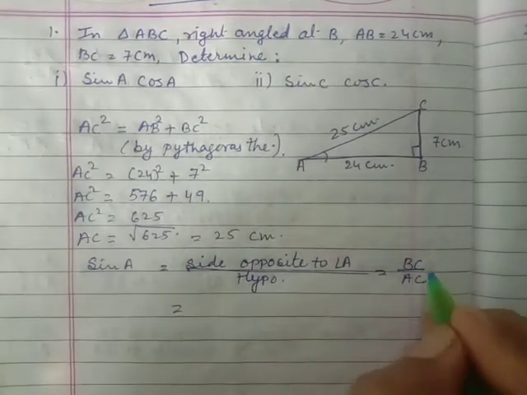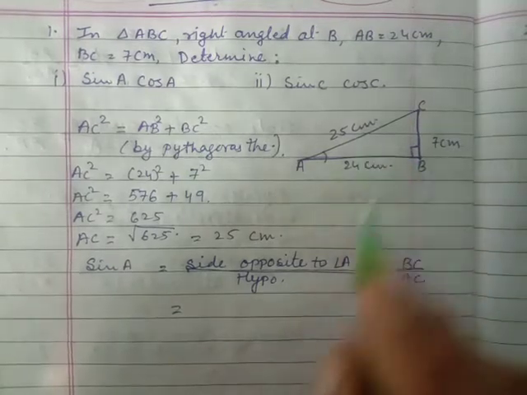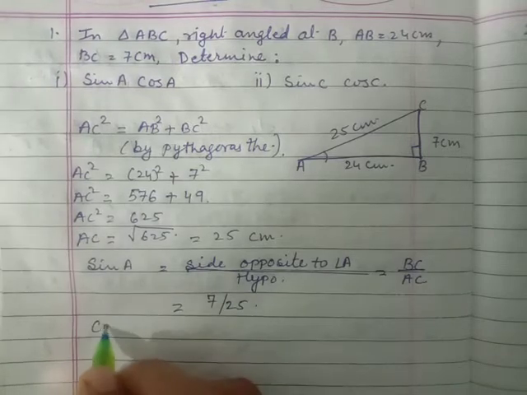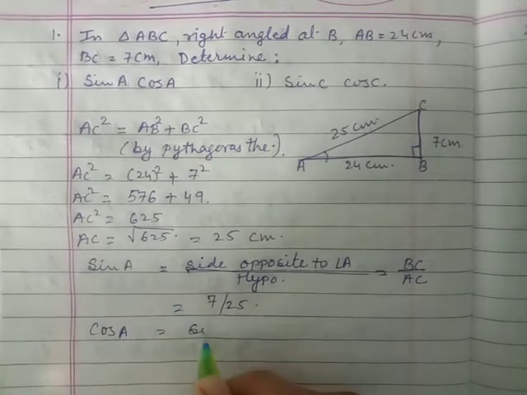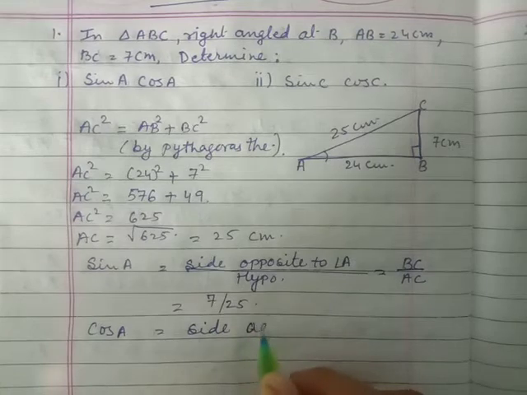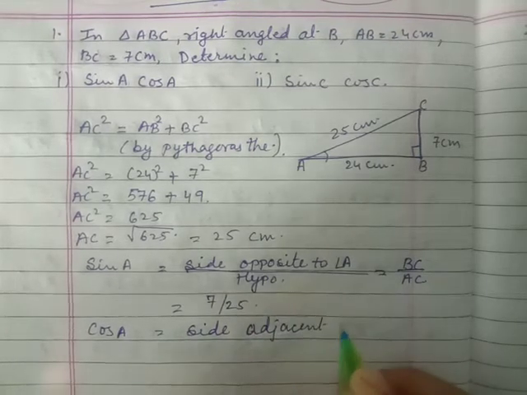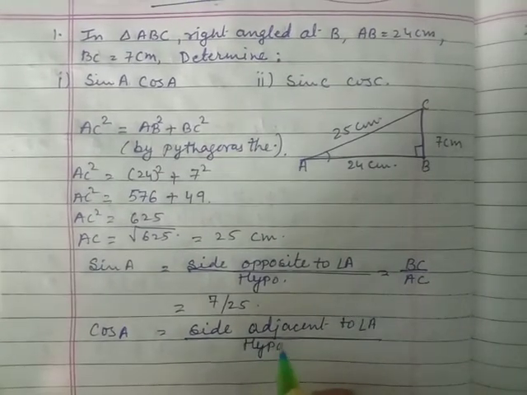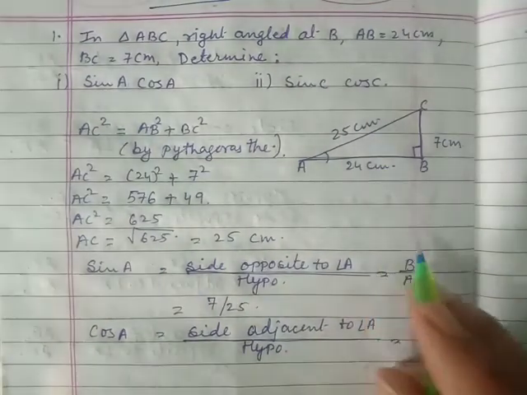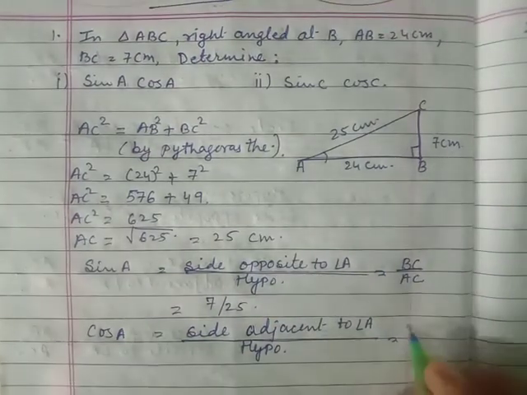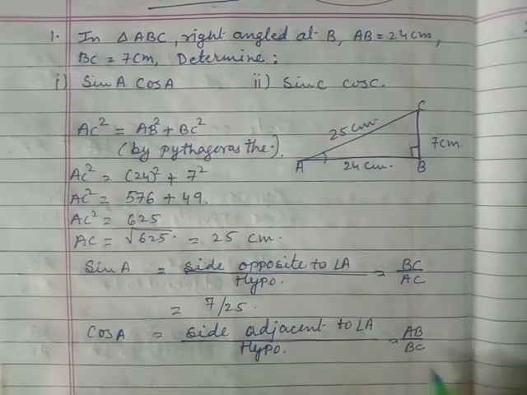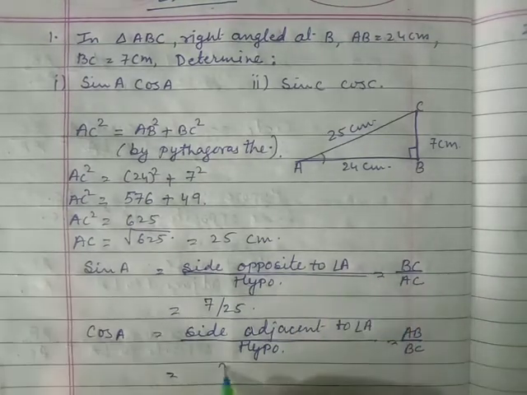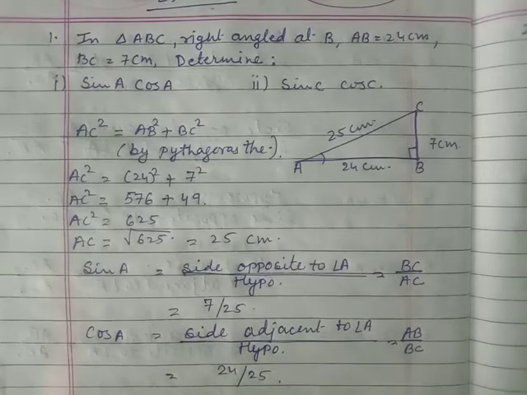So sine A is BC upon AC, so 7 upon 25. Cos A is the side adjacent to angle A upon hypotenuse. The side adjacent to angle A is AB. AB is 24 and hypotenuse is 25.